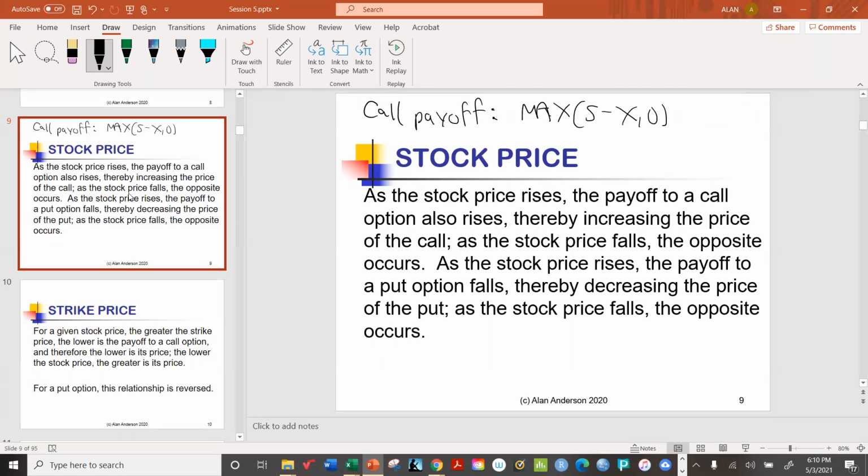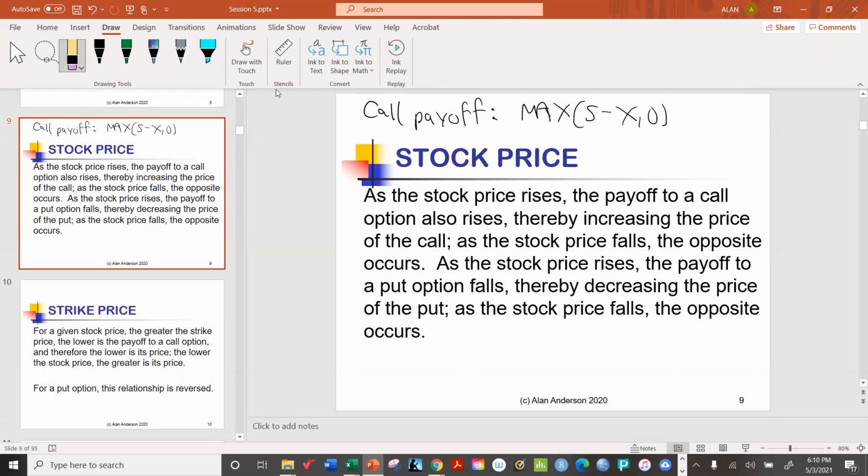In fact, if S rises by $1, the payoff goes up by $1, as long as it's already in the money. Okay, when it's out of the money, we have to wait for the stock price to hit X before this relationship is true. But in general, the higher S is, the higher will be the payoff.